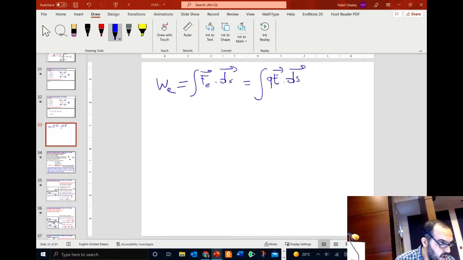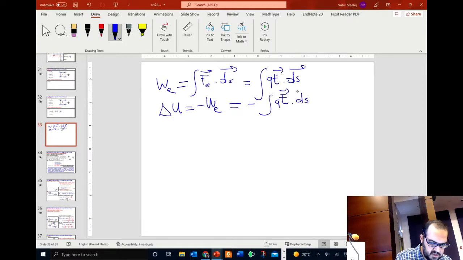We introduced the concept of electric potential energy, and we said the difference in electric potential energy is equal to minus the work done by the electrostatic force, so this is minus the integral of QE dotted with ds.